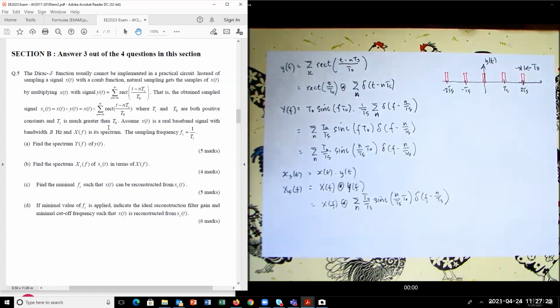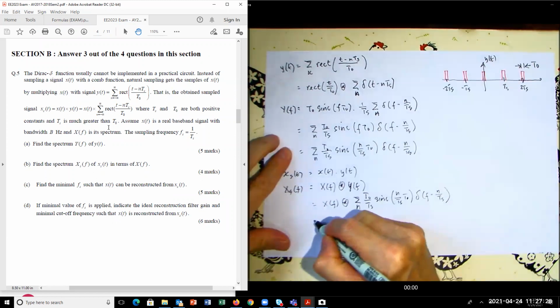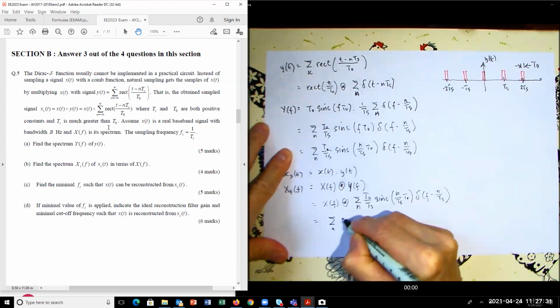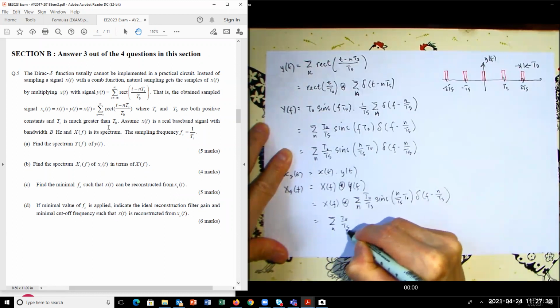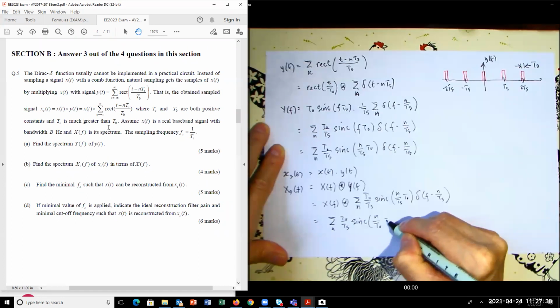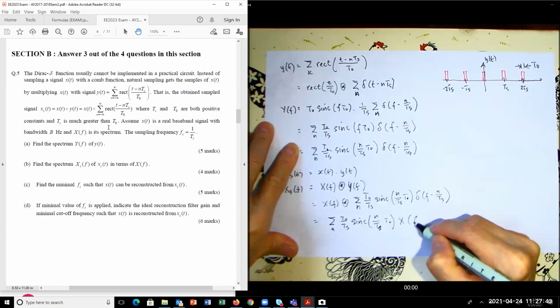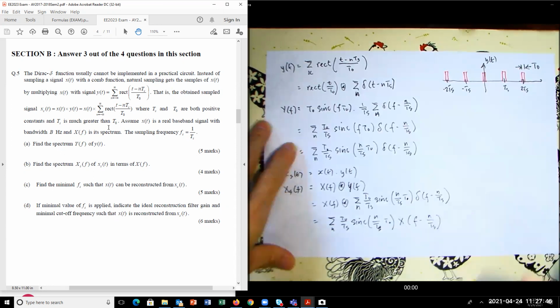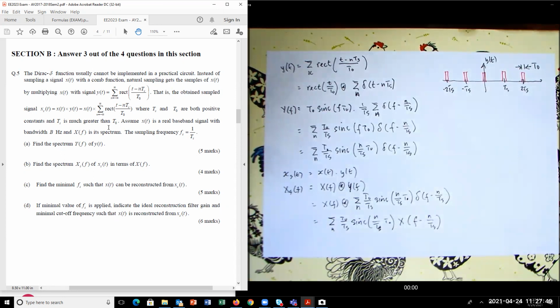Wherever you see f, you replace it by f minus n over Ts. So that will be summation over n of t0 over Ts sinc of n t0 over Ts, times X(f minus n over Ts). That's what we have, because it's a replication of X at all these locations of the delta.